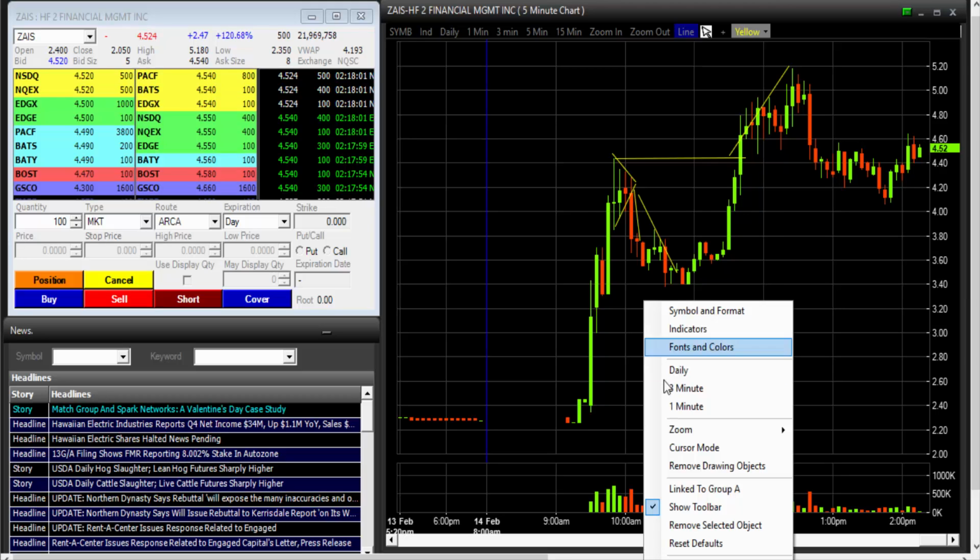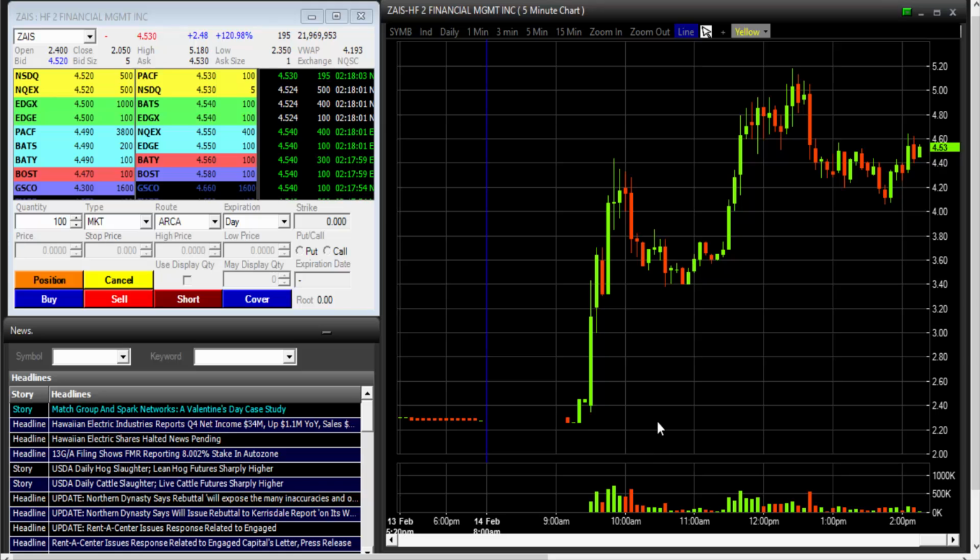So you need to understand what support and resistance levels are. Support and resistance levels in a chart are where the price of the stock cannot get lower than the support level or cannot get higher than the resistance level.